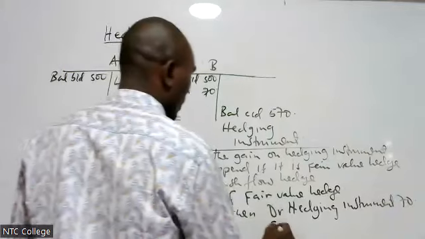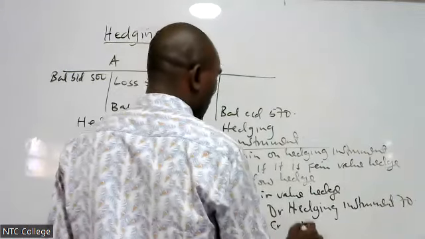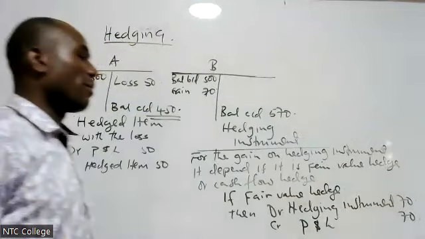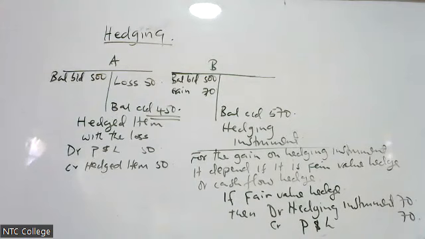You credit P and L with 70 if it is a fair value hedge.